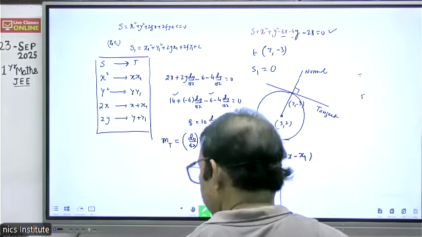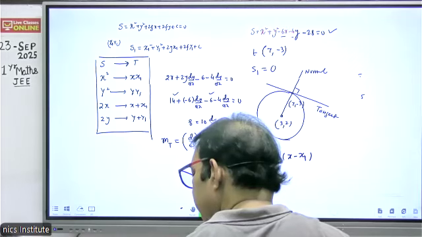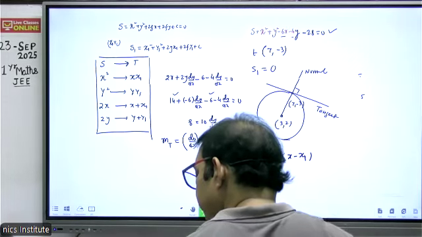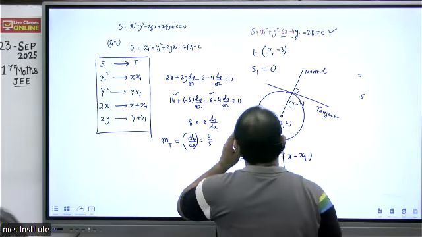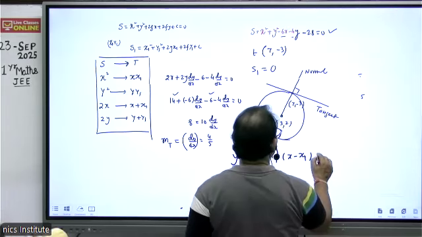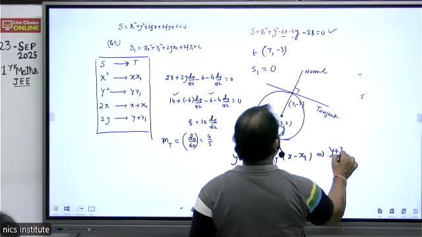y -3, ठीक है, 4/5 मल्टीप्लाई किया, ठीक है, सही है। सो कहते अब नॉर्मल निकालो। सो व्हाट इज इक्वेशन ऑफ tangent? y minus 3, which is positive.